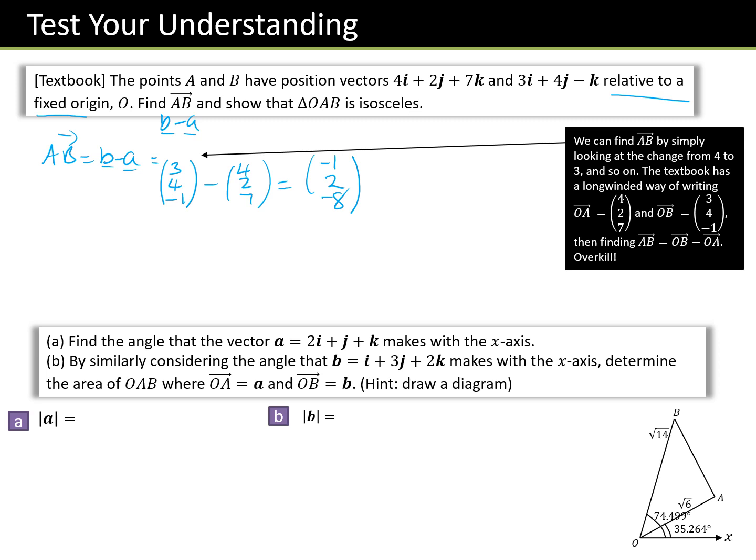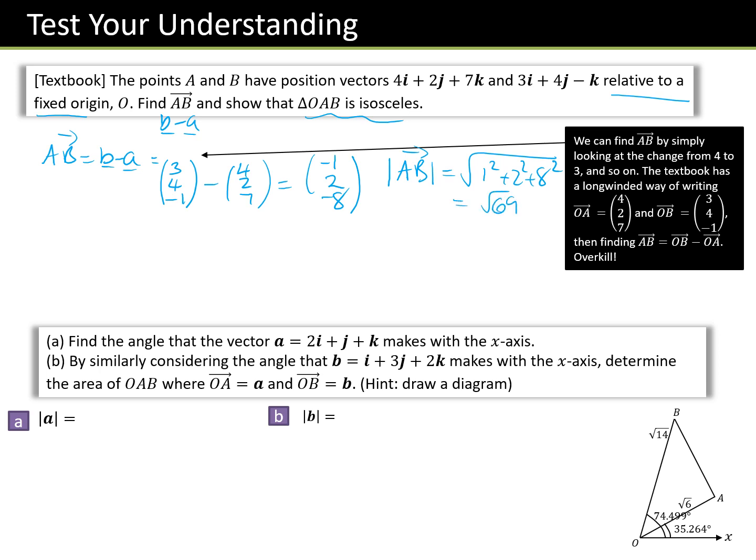And then we try to find the magnitude of the journey A to B, to find the length of the line, because we're being asked to show that the triangle is isosceles, so we need to find the lengths of the lines. So if we find the magnitude of AB, applying Pythagoras' theorem, that would be 1 squared plus 2 squared plus 8 squared. So that's going to be the square root of 69.